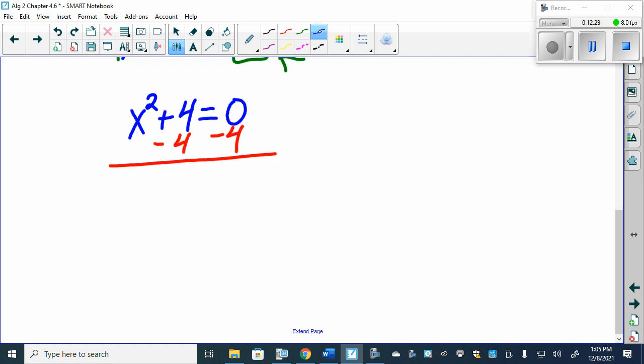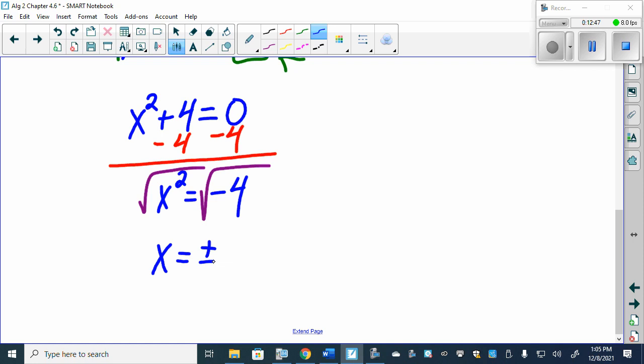Subtract 4 from both sides, telling us that x squared is equal to -4, and then we would square root both sides. Square root of x squared would be x is equal to, because whenever we square root both sides, we need the plus or minus. Now we need to take square root of -4. 2i. All right. Because anytime we take the square root of a negative number, the negative will come out as i, and then we can take the square root of the number itself.